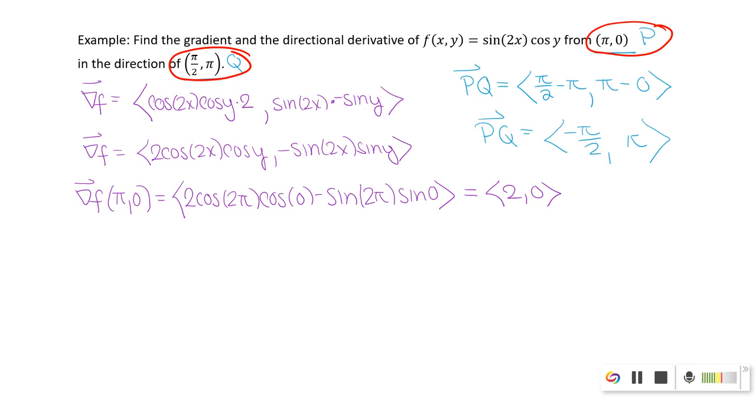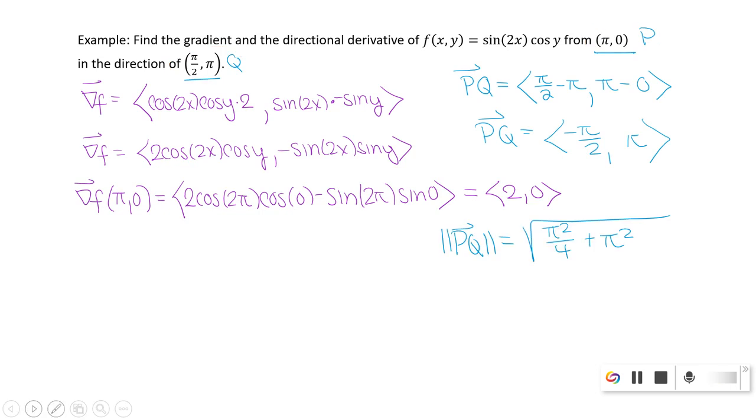So that's the direction we're moving in. If I want to use this dot product definition, the fact that my directional derivative is my gradient dotted with my direction vector, I do have to change PQ into a unit vector. And so to do that, I'm going to find the magnitude of vector PQ. So I took my x component squared plus my y component squared, and then I'll just take the square root of that.